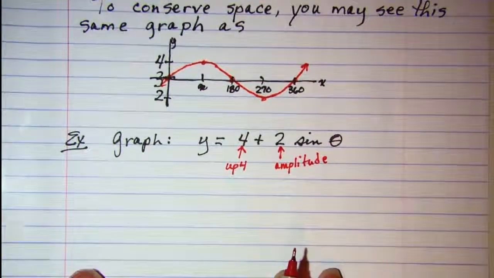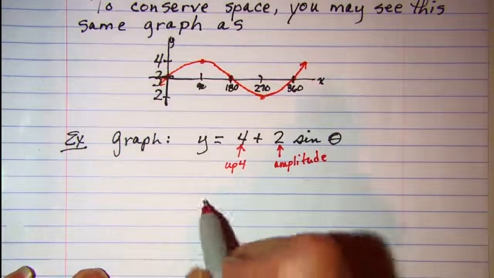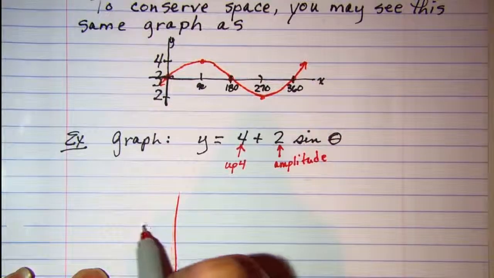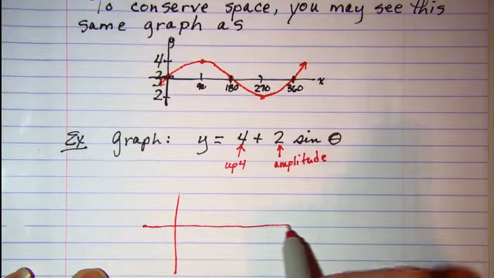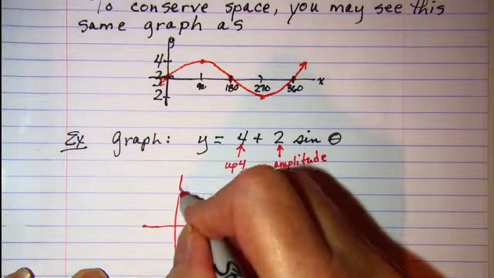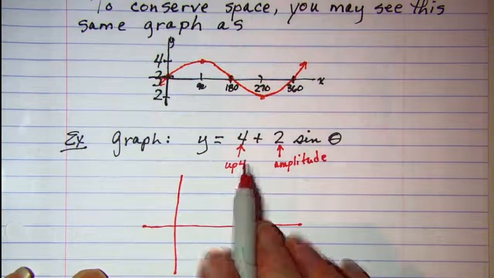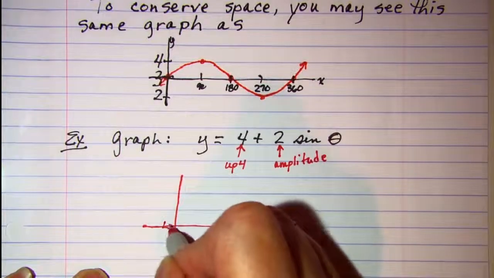So I'm going to go with the conserved space method of graphing. I'm moving my curve up 4, so I'll label this as 4.